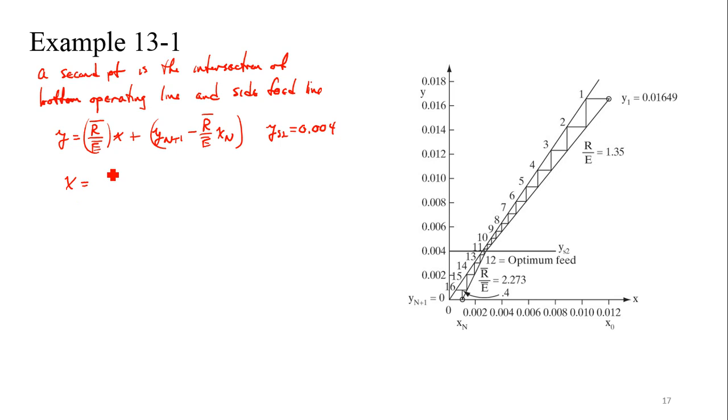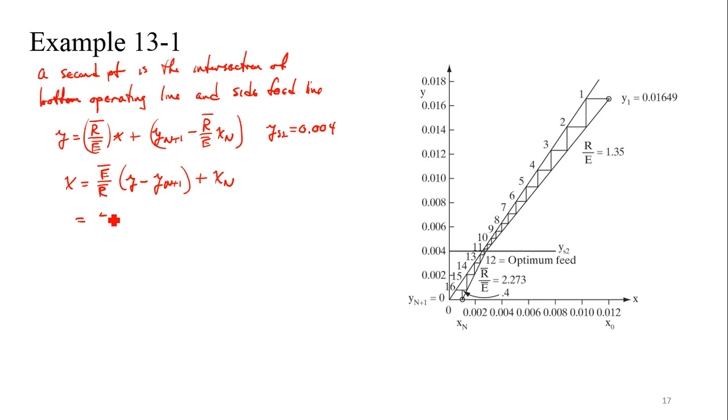So x is equal to, I have to multiply through by E bar over R bar, so this becomes E bar over R bar times y minus y_{n+1}, and that's going to cancel over here with these two. I bring it to the other side, I get plus x sub n. And so we can go ahead and evaluate this.